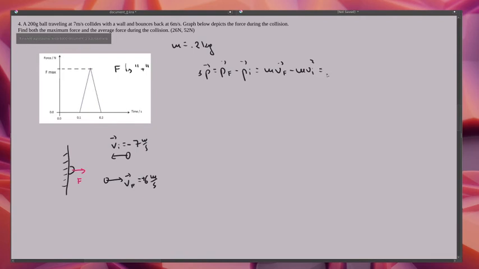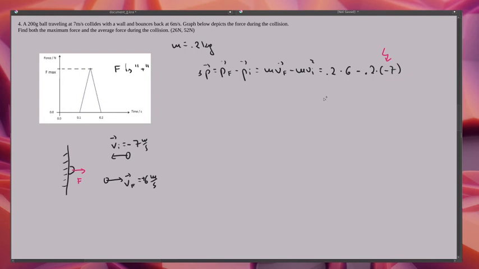And so this gives me 0.2 times the final velocity, 6, minus 0.2 times the initial velocity, which is minus 7. And that negative is important. This is where I will often test.